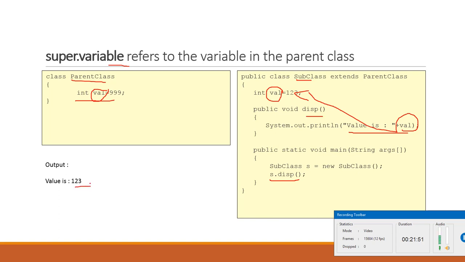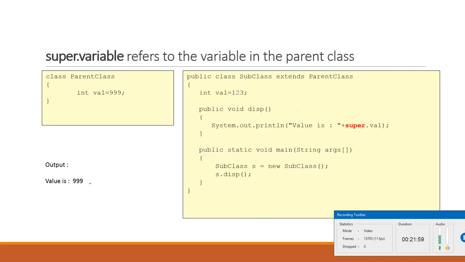Now how do we call the variable of the parent class? We can use the super keyword. Now the program is the same, only the difference is over here, super.val. This keyword super.val refers to the variable in the parent class.